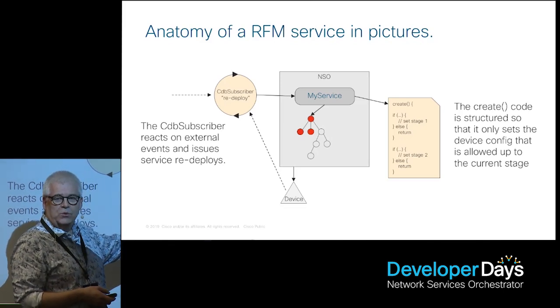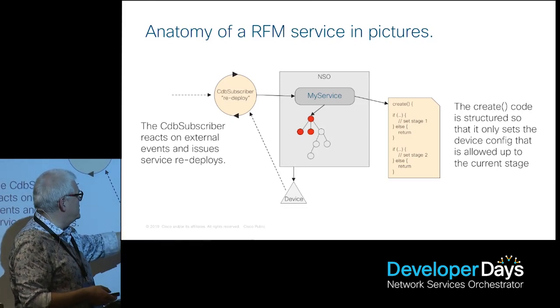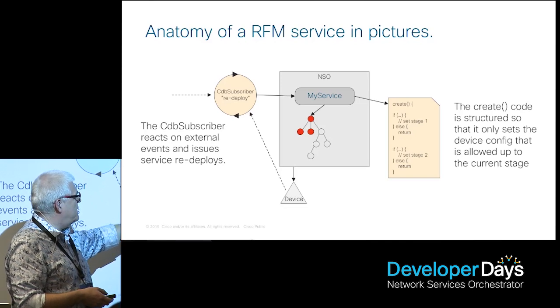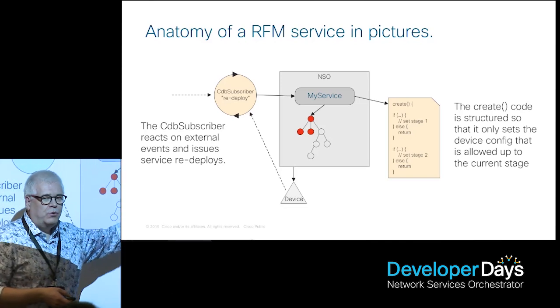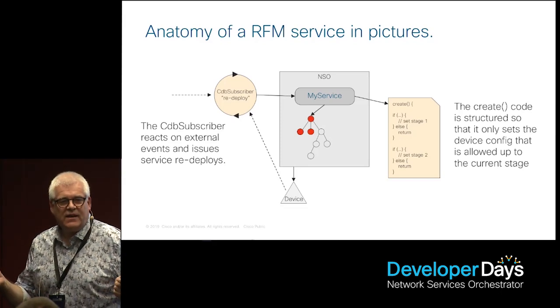How would I know what the state of this service is? Is the only way to look at the data that it should produce? No, you have to invent something. So you invent some operational data that you can look in that says, hey, I'm ready or not.